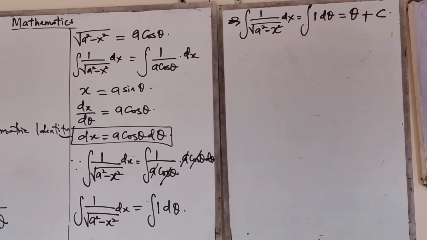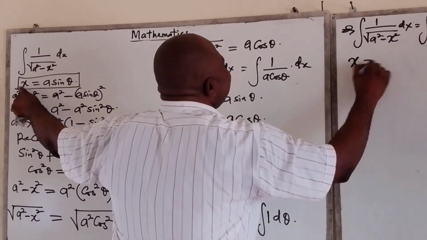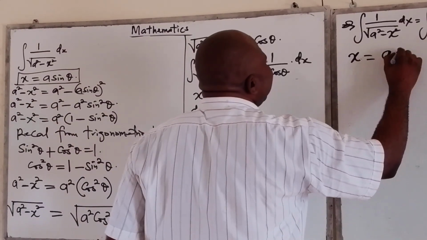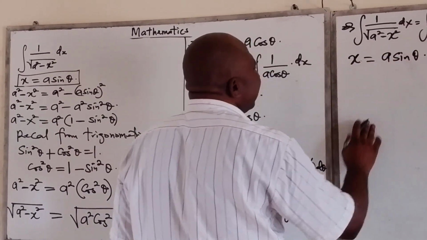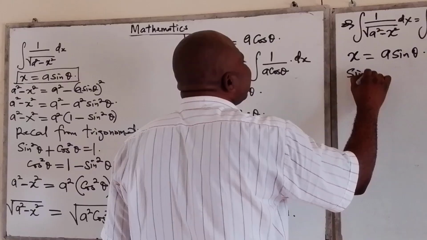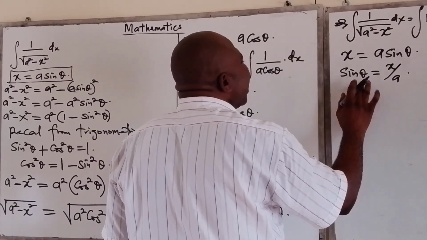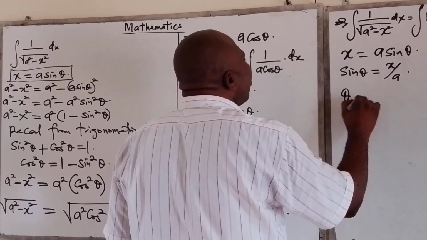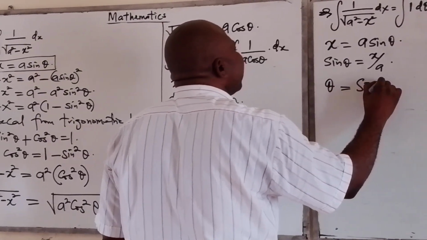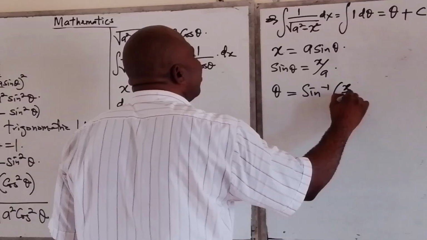But remember, from this equation, we said x is equal to a sine theta. So it means sine theta is x all over a. To get the value of theta, theta will be equal to the sine inverse of x all over a.